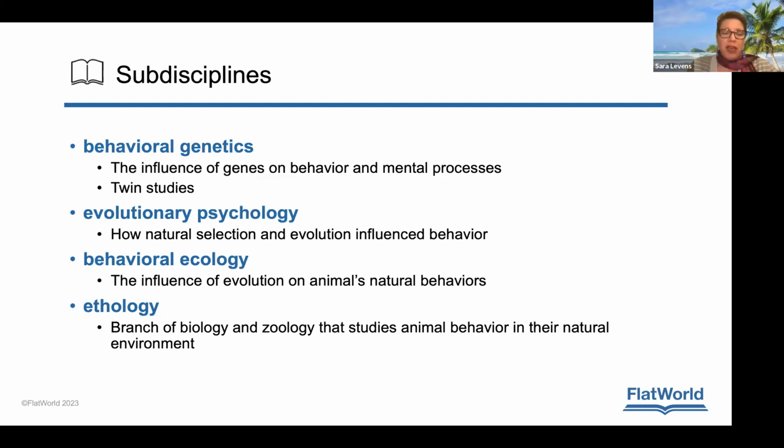And then we have behavioral ecology. Of course, this is the influence of evolution on animals' natural behaviors. So this could include us, but behavioral ecology can also include the effects of human behavior on the evolution of animals and their natural behaviors. And then you can have ethology, which basically studies animal behaviors in their natural environment.